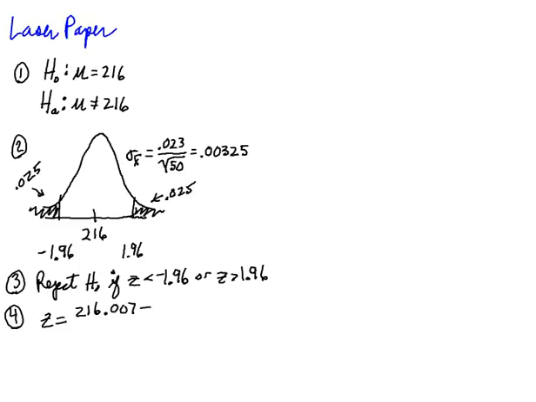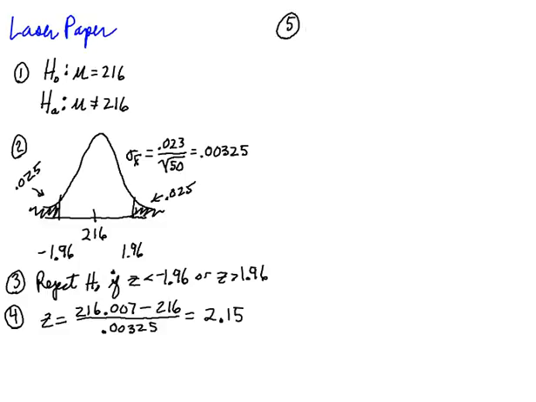Step 4, we'll calculate the test statistic on our sample average of 216.007 to see how far away that is from 216 in standard units. And that value turns out to be 2.15 standard units to the right. And with our level of significance, we are far enough away from center to say with confidence that the null hypothesis is incorrect.